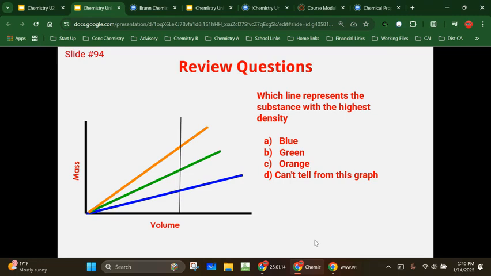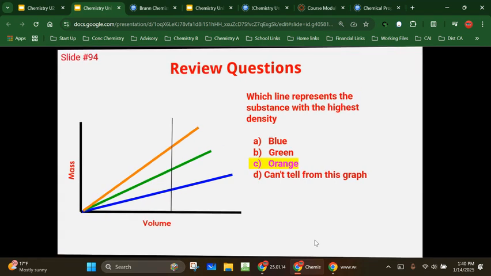So you're really debating between orange and blue. So what I would tell you to do, ladies and gentlemen, since density is mass divided by volume, if we pick a volume, the one with the largest density is the one that has the largest mass at that volume. Therefore, that is the orange line. Okay?